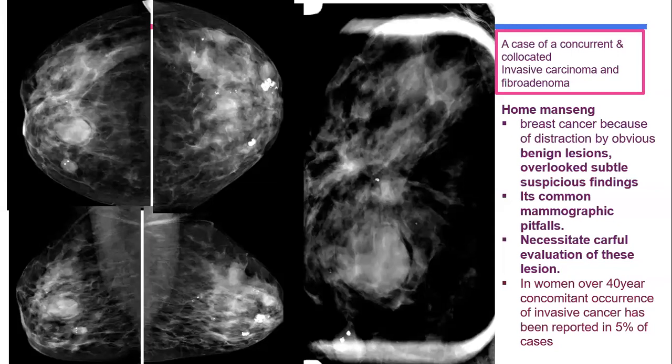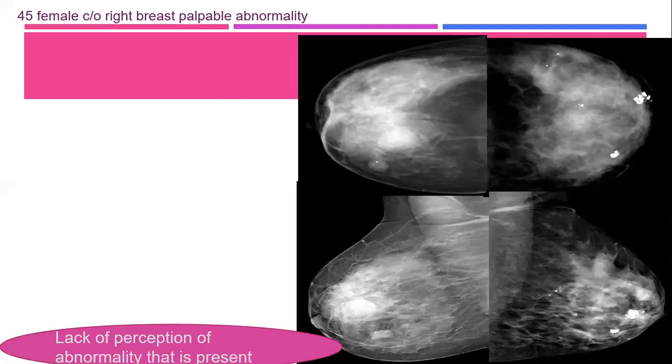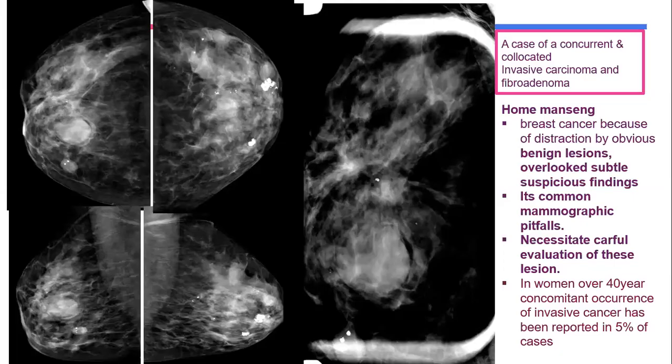And this is her follow-up. Even the technique, the mammographic image here, was not much better than this. And here, obviously, the distortion, and even, you see, the circumscribed fibroadenoma, the wall adjacent to the cancer is being infiltrated by the malignancy. And this is a case of concordant, collocated invasive cancer and a fibroadenoma.